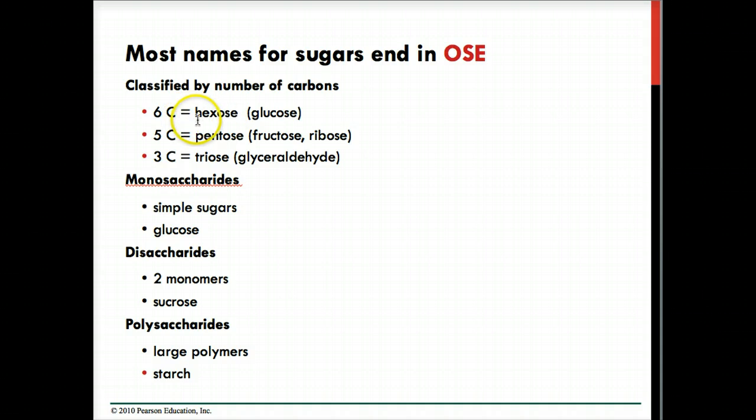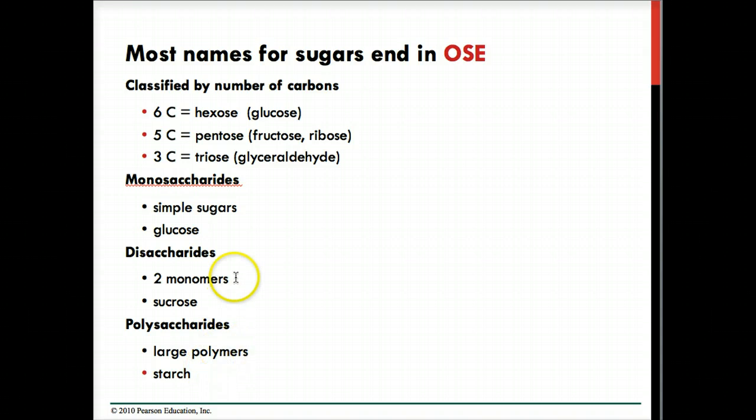It's called a hexose, so hex means 6, and it's an -ose. Common name is glucose. A 5-carbon sugar is a pentose, so pento means 5, such as fructose and ribose. A 3-carbon sugar would be termed a triose, so tri, like a tricycle, is 3. An example would be glyceraldehyde, which we'll look at in a minute.